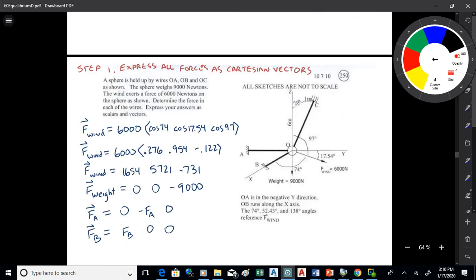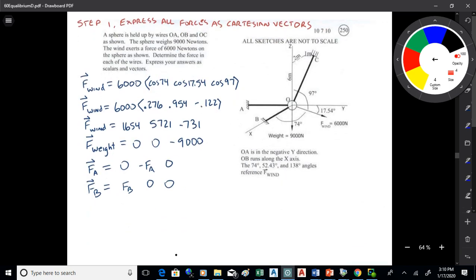All right. So the goal then is to get these forces as Cartesian vectors. Now, 4 of them are pretty straightforward. The wind, I have the angles that the wind makes with the x, y, and z axes. You can see those angular dimension arcs there connecting the forces to each of the axes.